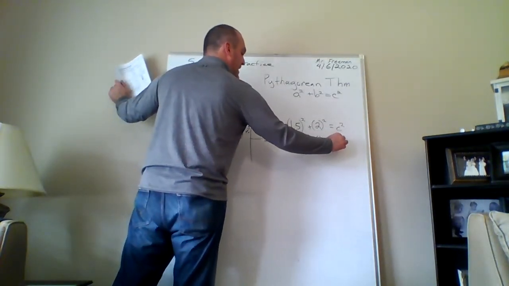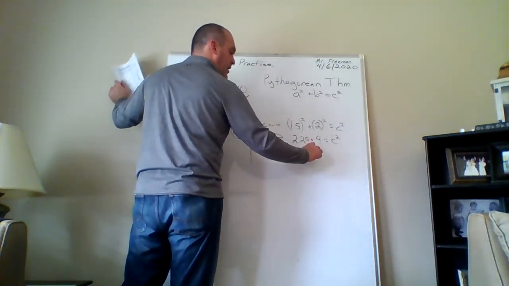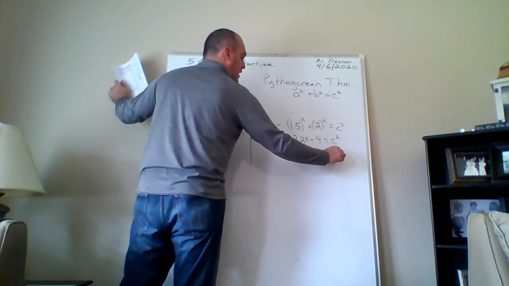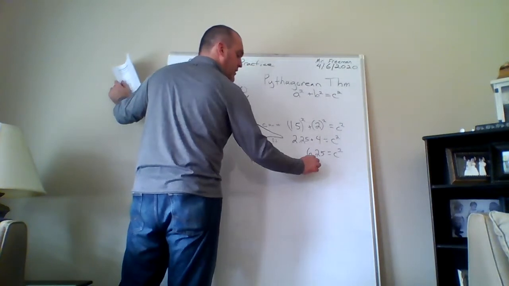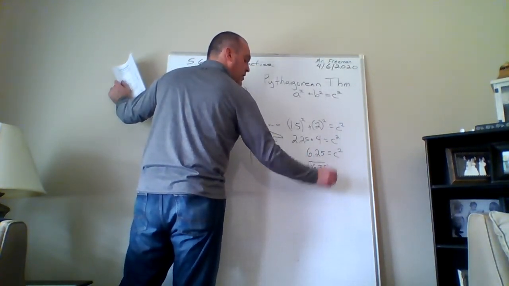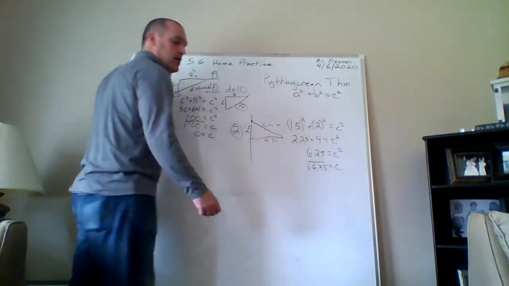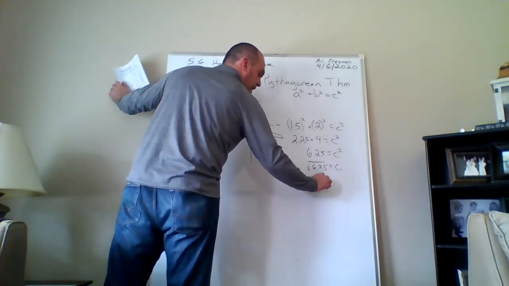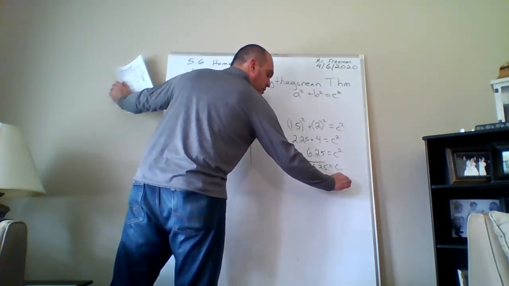And that's what C squared is. If I add those guys together, I get 6.25. That equals C squared. We want to know what C is. So we would have to take the square root of 6.25 to get what regular old C would be. 2.5. Okay, and the square root of 6.25 is 2.5 if you use your handy dandy calculator.